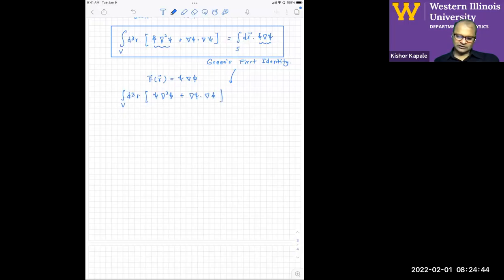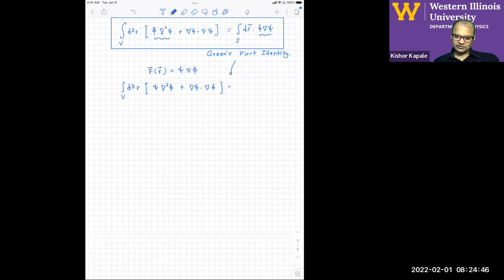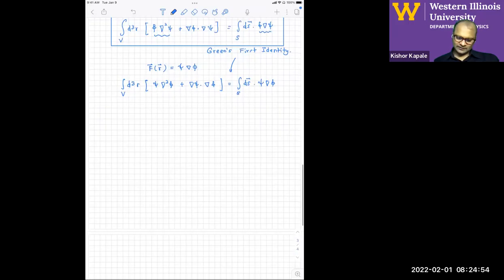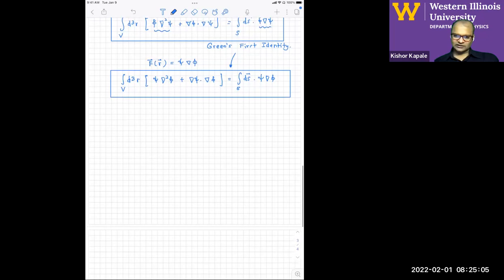And the second term is not going to change. It's going to be exactly the same as in the previous case. And the last term, of course, is going to be slightly different as well. Everybody with me? That's essentially just Green's first identity, except psi and phi are interchanged.